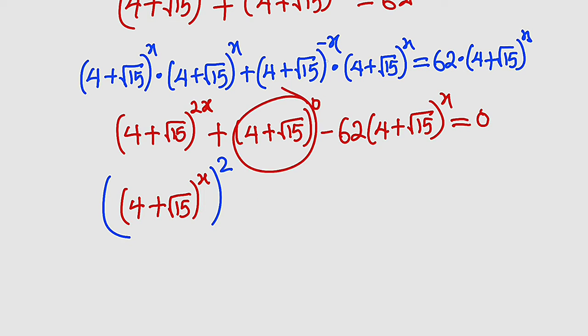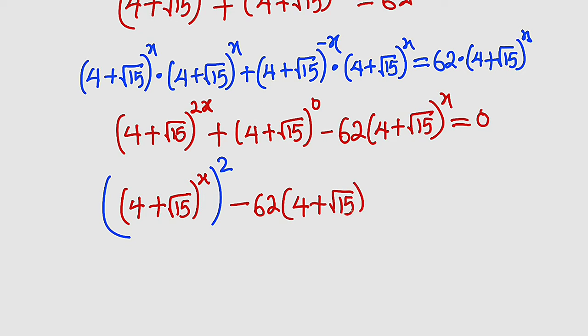And this is 1 because any number to the power of 0 is 1, except if the number is 0. So we have minus 62 multiplied by (4 + √15)^x, then plus 1. This is equal to 0.